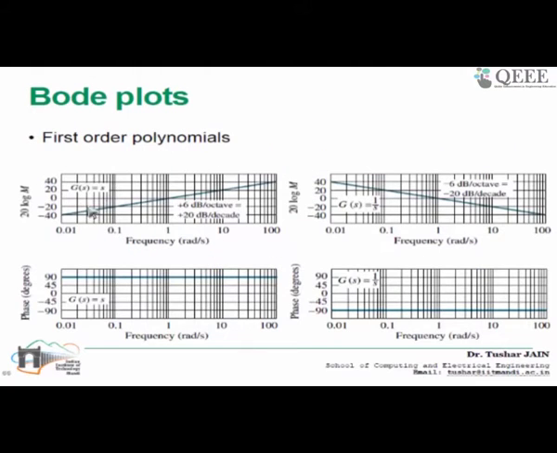So if we consider this G(s) which says that we have a 0 at the origin, if you start plotting this function, you are of course going to get a straight line, right? If we have G(s) equal to s, putting s equal to j omega, we get j omega.